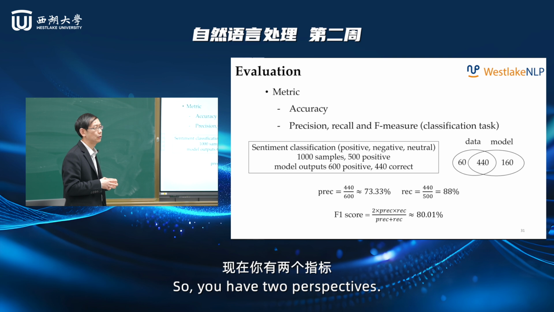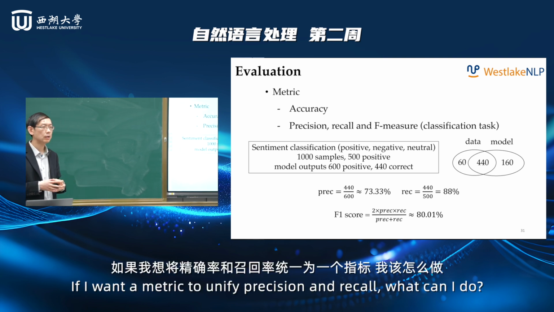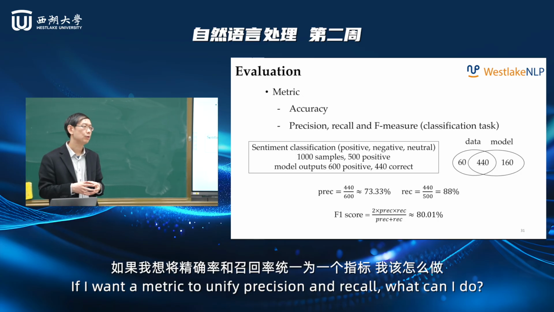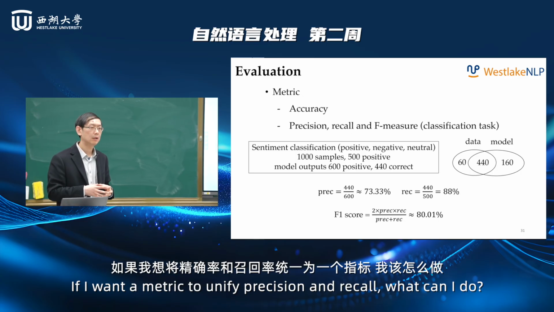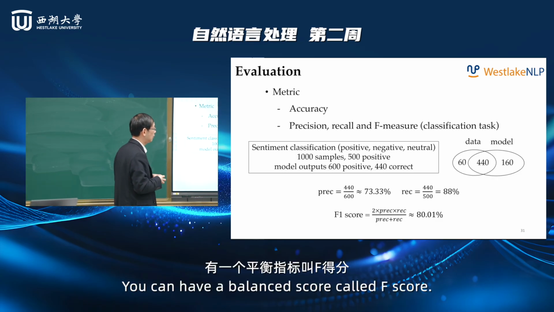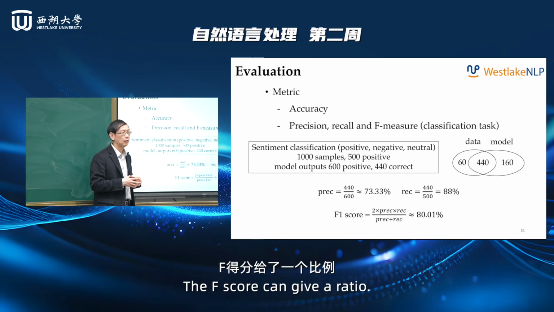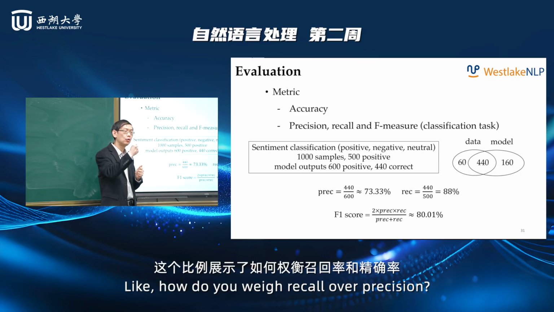So you have two perspectives. If I want a metric to unify precision and recall, what can I do? You can have a balanced score called the F score. The F score gives a ratio of how you weigh recall over precision.